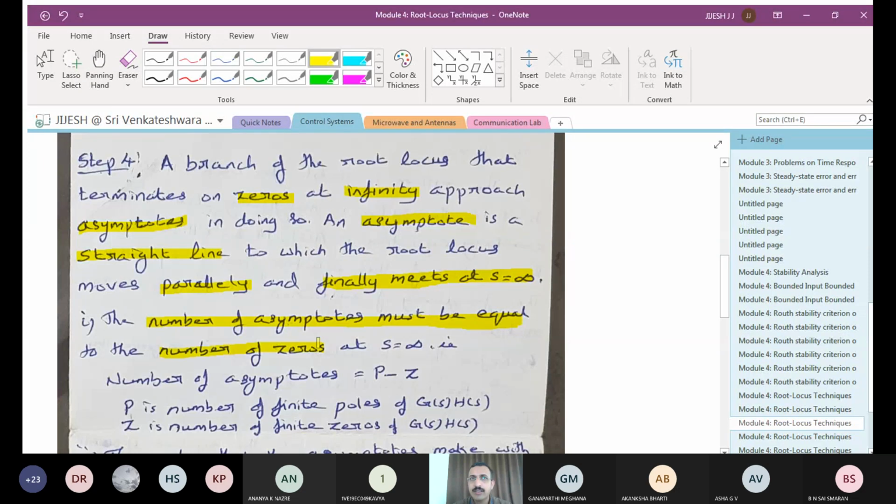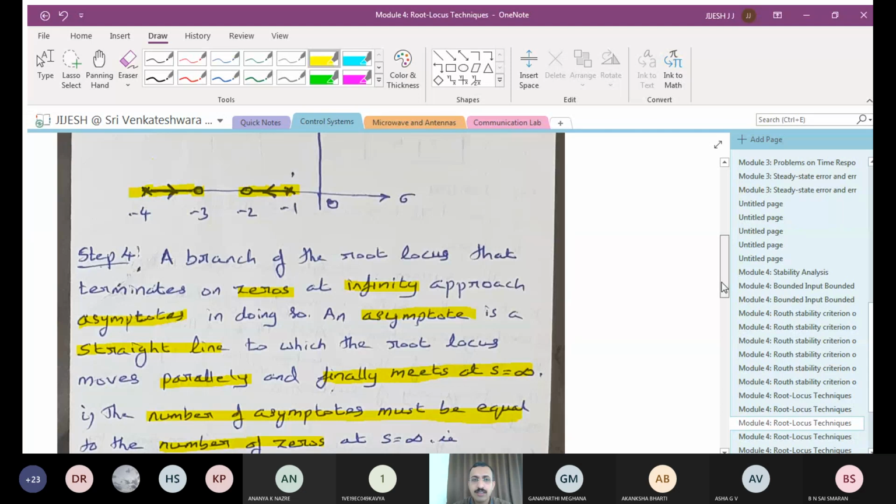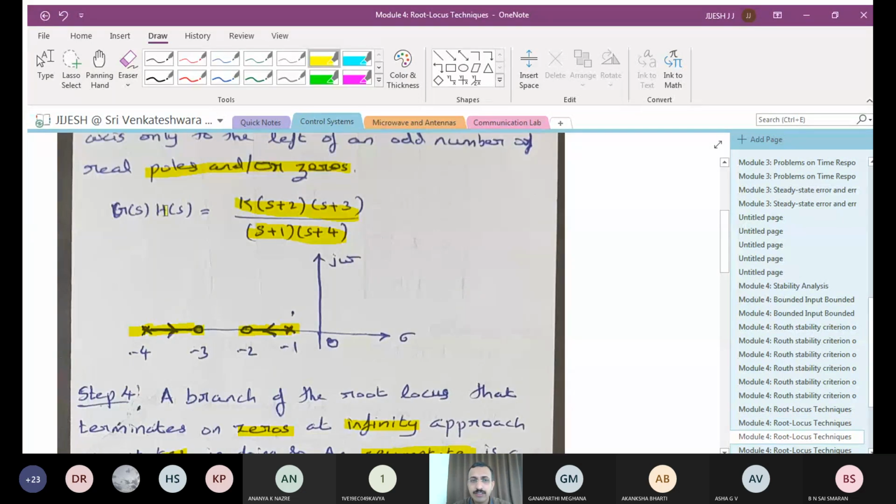I have told you that you have this function, the transfer function G(s)H(s) equal to K. As an example, K into (s plus 2) into (s plus 3) by (s plus 1) into (s plus 4). You have also found how many zeros are available. When you solve s plus 2 equal to 0, you get s equal to minus 2, and that you have plotted here. And s plus 3 equal to 0 gives s equal to minus 3, and that you have plotted here.